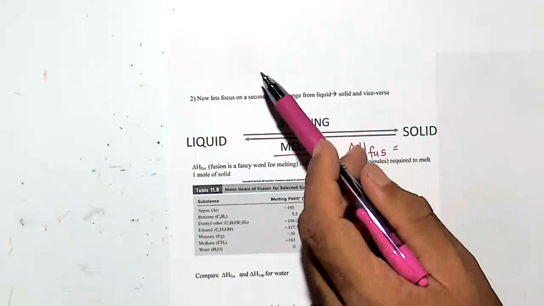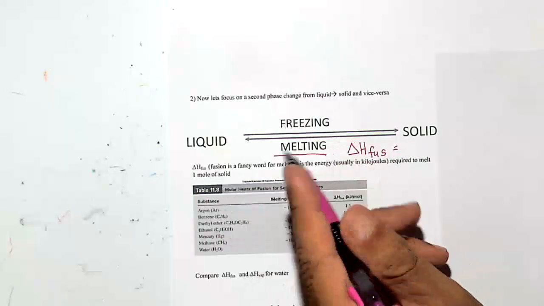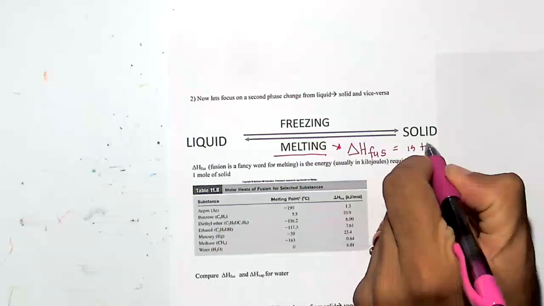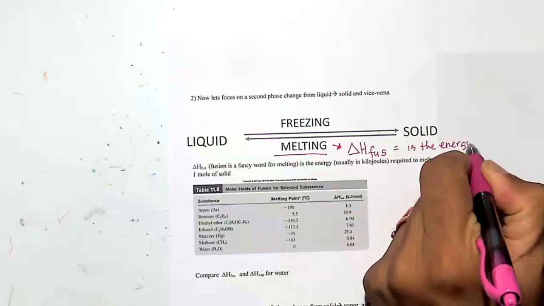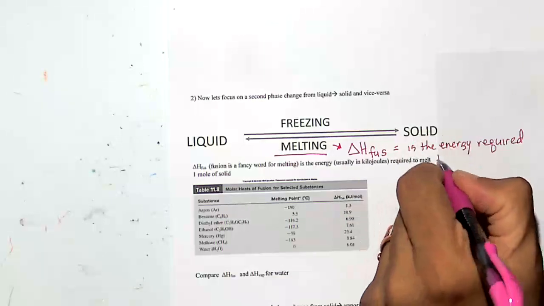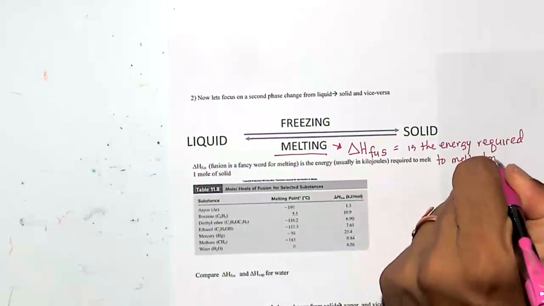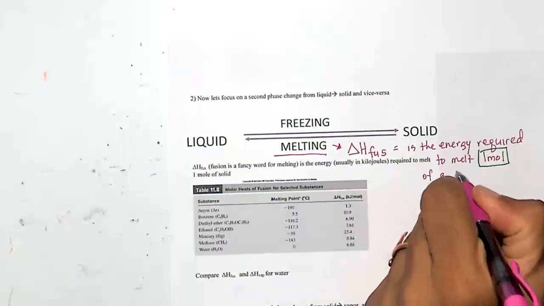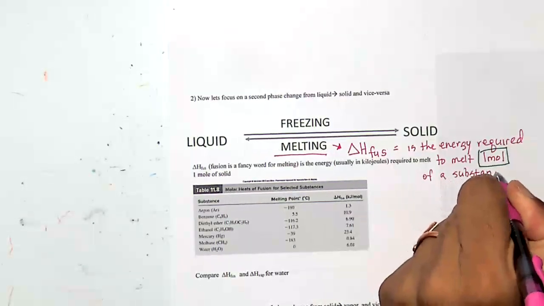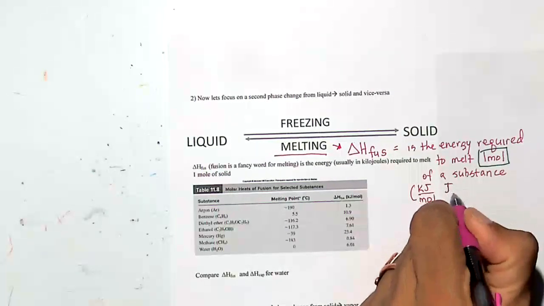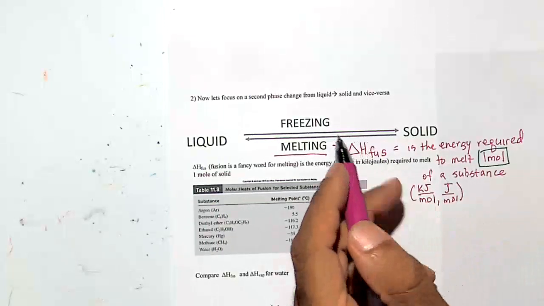So this is the next phase change. We already did one phase change. Now we're going to do another phase change. So melting is the energy required to melt 1 mole, that's the key word here, 1 mole, of a substance. What are the units? Kilojoules per mole or joules per mole. It's the same thing as delta H vap.